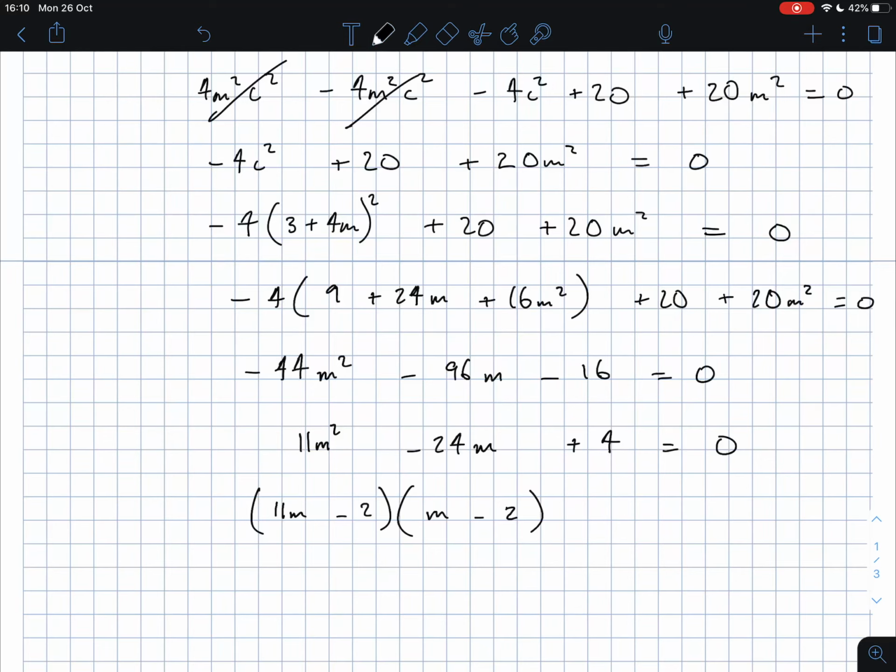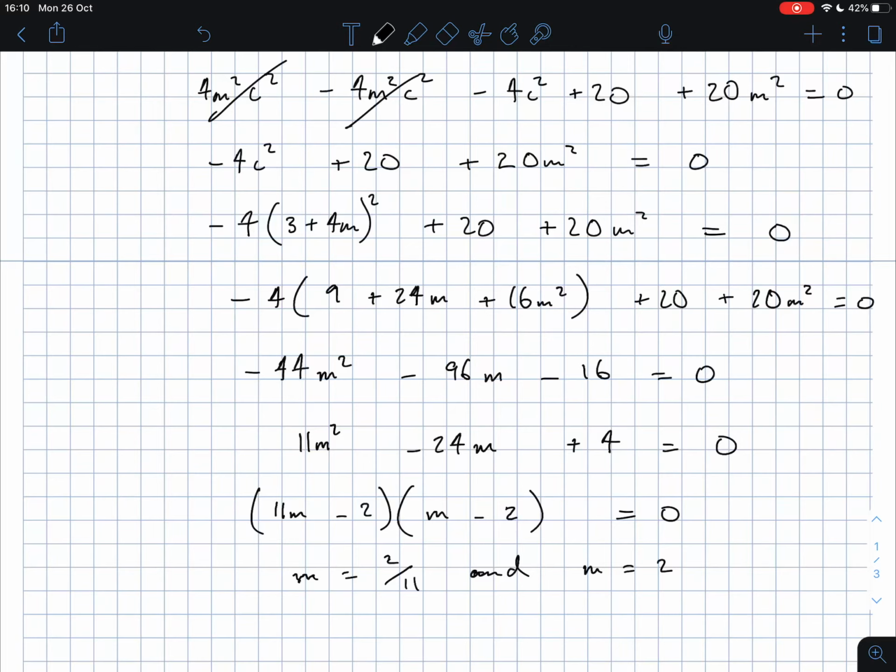Okay, I'll just double check that. So we've got, yeah, that works. So there you go. So I've got my two gradients, m being 2 over 11 and the other being, oh, not x, the gradient being equal to 2.